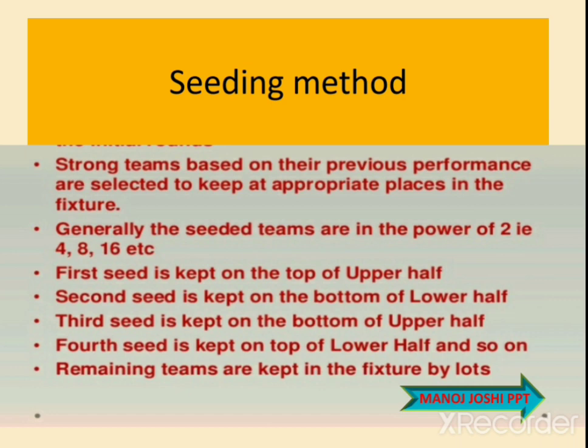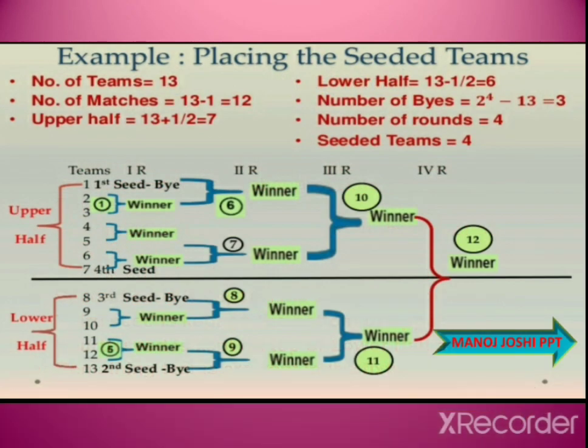As we are giving the byes, in the same way we are placing the good teams on the fixture, on the beneficiary places, because beneficiary places are where we initially give the byes. So sometimes the first seed is kept here if there are two byes, or if there is one bye, the first seed we can put at the bottom.